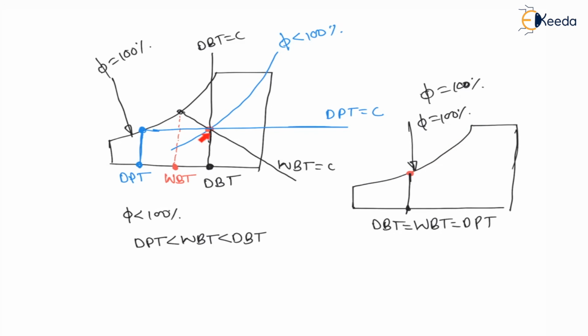So whenever relative humidity is not 100%, then we have to make it saturated. But to make it saturated, for wet bulb temperature there is a straight inclined line sloping downward towards the right, and for dew point temperature there is a horizontal line, right? So when your relative humidity is 100%, all the temperatures are the same.